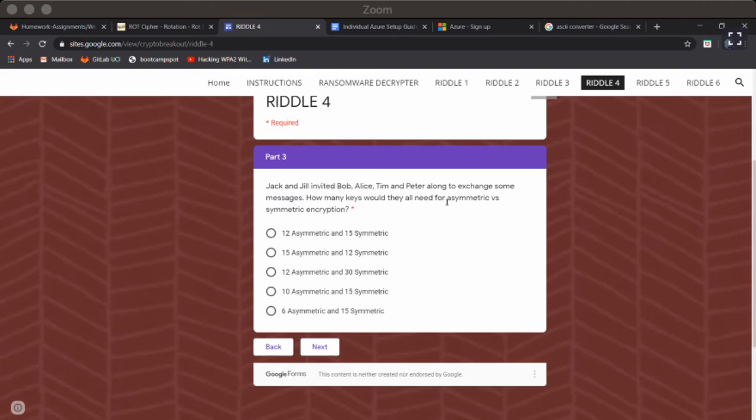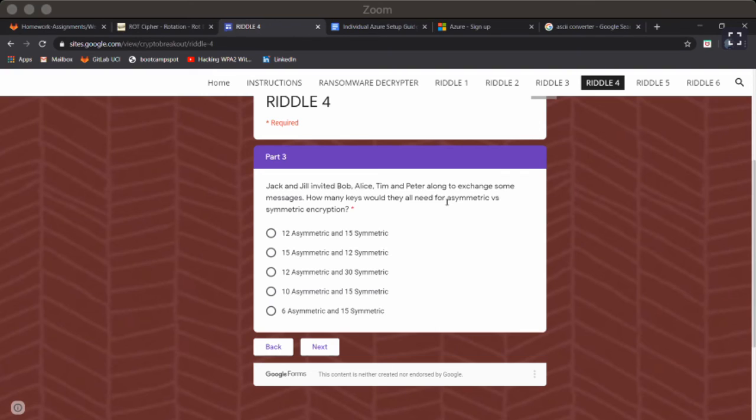To exchange some messages, how many keys would they all need for asymmetric versus symmetric encryption? Six of them. Well, how many people are there? Six. If they each have two keys and there are six of them, that would be 12. I like where Jody was going.